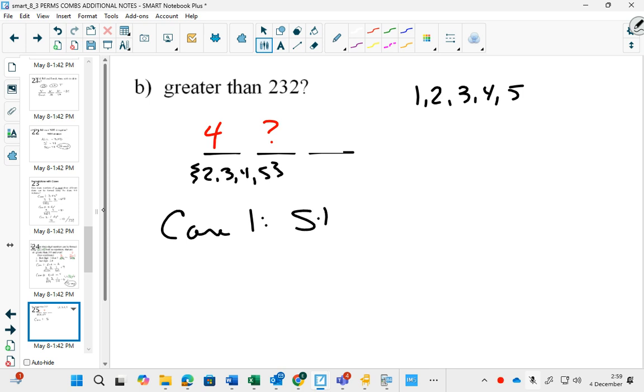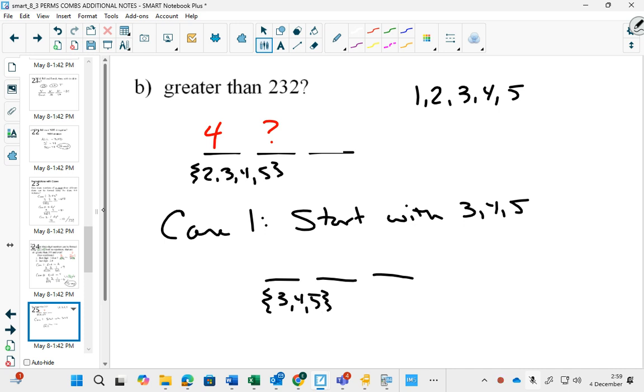Can you see that if I started with a 3, a 4, or a 5, here are my 3 spaces, that gives me 3 choices, and that would count numbers in the 300s, the 400s, and the 500s. That would guarantee, doesn't matter what I do after that, I'm guaranteed to be bigger than 232.